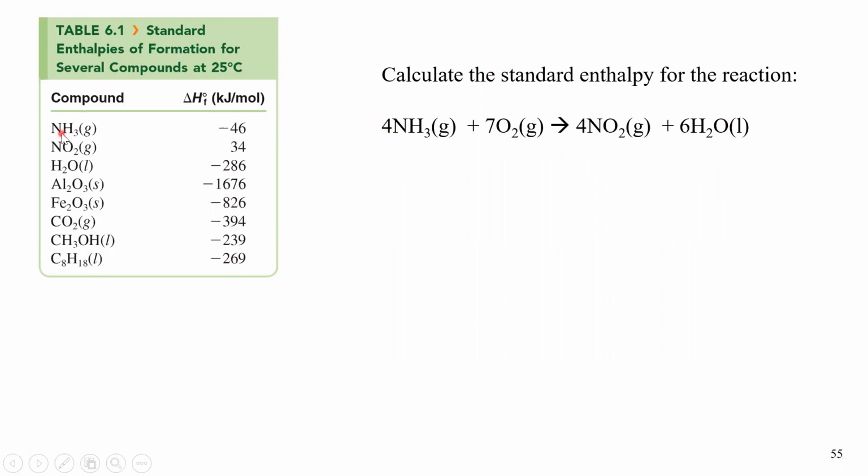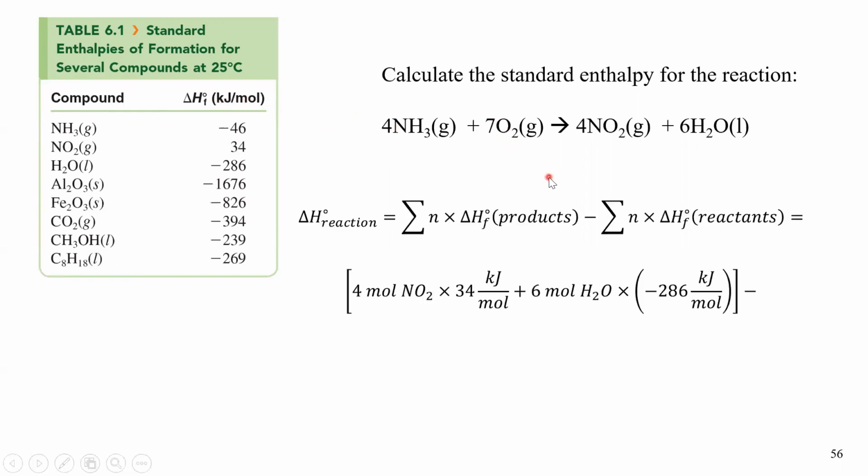Because as an example, the value that we're giving for ammonia, this -46, is kilojoules per 1 mole of ammonia. And in this reaction, we have 4 moles. So we're going to have to multiply this number by 4. Now, oxygen isn't on this table. And we just have to know that oxygen is a free element and its value is 0. It's not going to show up on tables. It's just something we're going to need to know.